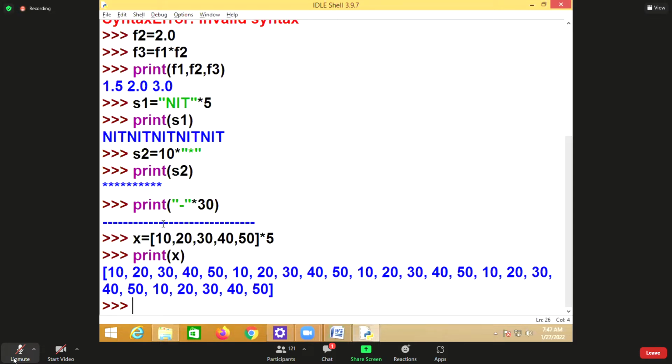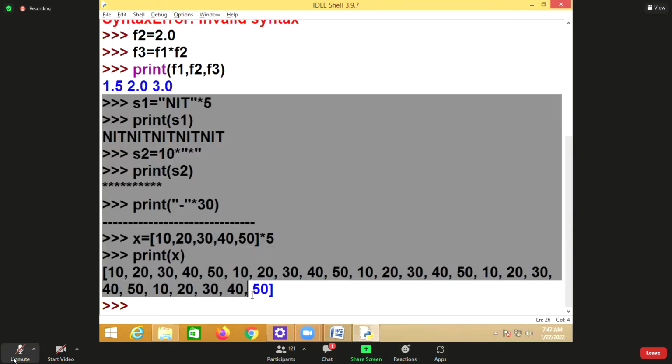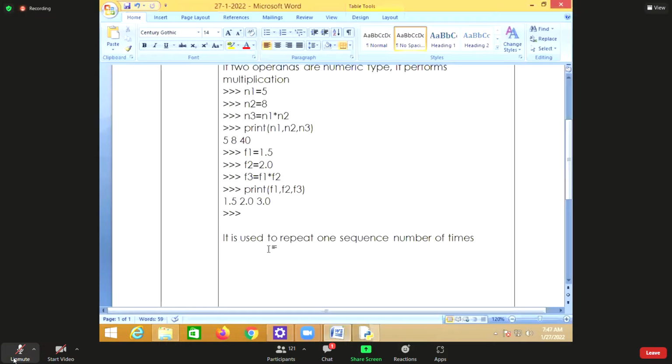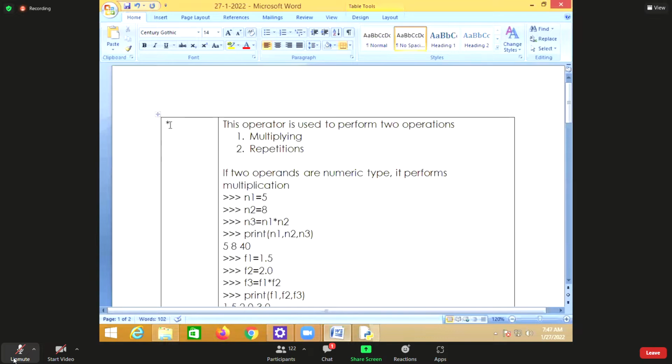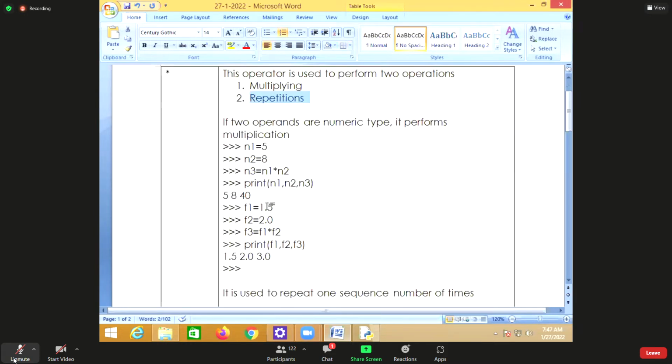If you want to repeat one sequence a number of times, you can do it using the star operator. So you can use this star operator to perform 2 operations: one is for multiplying and one more is for repetitions.